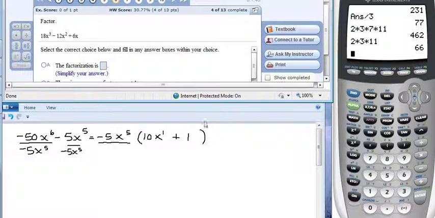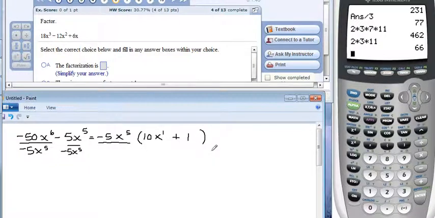Same thing here. We should probably do one of these 3-parters here. We haven't done one of those. 18x cubed minus 12x squared plus 6x. All right, so we're going to put the GCF here, and we're going to see what's left. Between an 18, a 12, and a 6. Just disregard this negative for right now. Just look at the numbers.